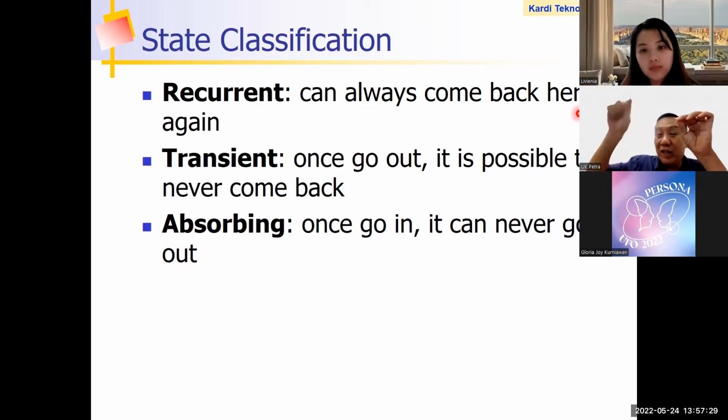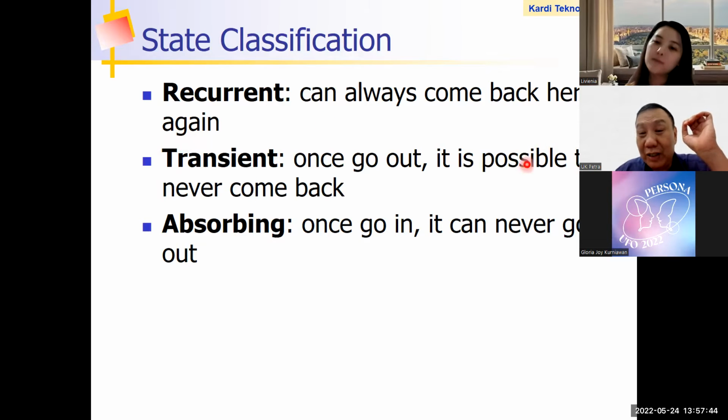You can go in the loop and then come back here again. Transient means it is possible that when you go out, you will never be able to come back. Transient means source node or source component. In an irreducible, or strongly connected, network you can always come back, so that means the states are recurrent.